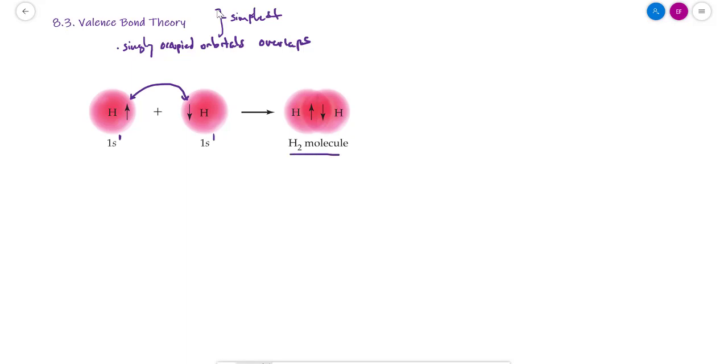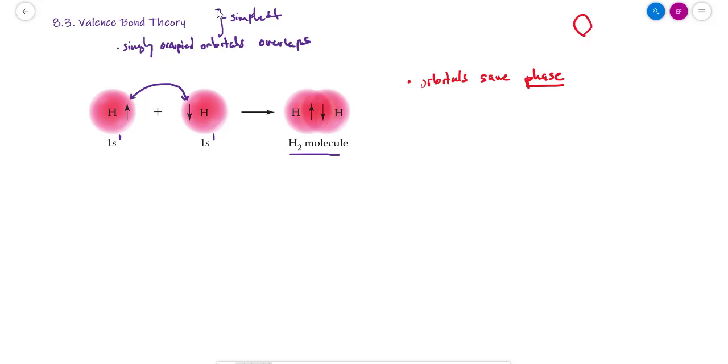There's a couple criteria here that we need to define. We alluded to this when we talked about quantum mechanics and the shapes of orbitals in a previous chapter, but the orbitals have to have the same phase to overlap. And remember, s orbitals are completely spherical and all one phase, so that's easy for overlap.